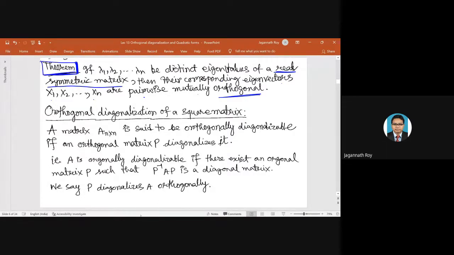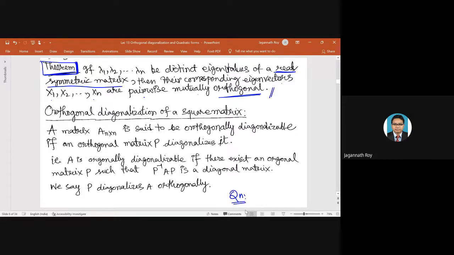Suppose there is a question: try to find pairwise mutually orthogonal vectors. If you know this theorem, then you can directly get a real symmetric matrix in such a way that its eigenvectors are mutually orthogonal.